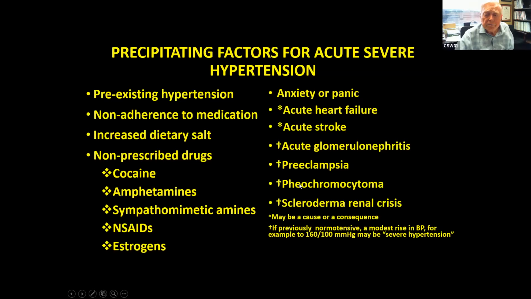So relatively modest levels of blood pressure, a systolic pressure of 160, 170, 180, may cause significant problems, for example, hypertensive encephalopathy. And we know that to be the case, for example, with preeclampsia. So in these situations, even a lesser rise in blood pressure should be taken seriously.